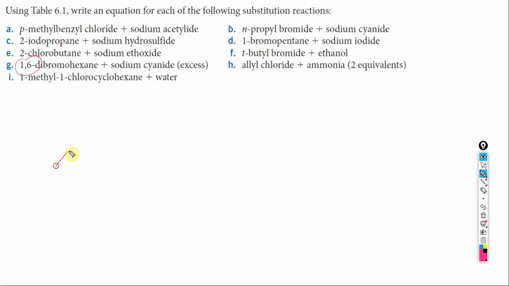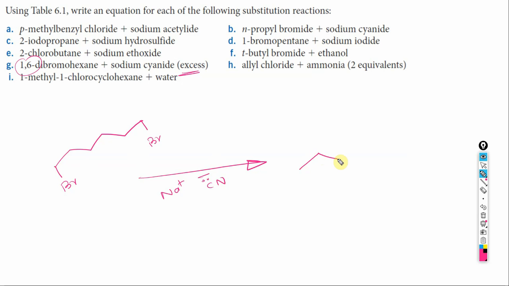Okay, so the second problem that we can pick up is 1,6-dibromohexane. So 2, 3, 4, 5, 6, that's hexane, and you have bromine on the first carbon and bromine on the sixth carbon. And here you're using sodium cyanide, which is Na+, CN-, and you're using excess sodium cyanide, which means the cyanide is going to react with both carbons and let both the bromines leave.